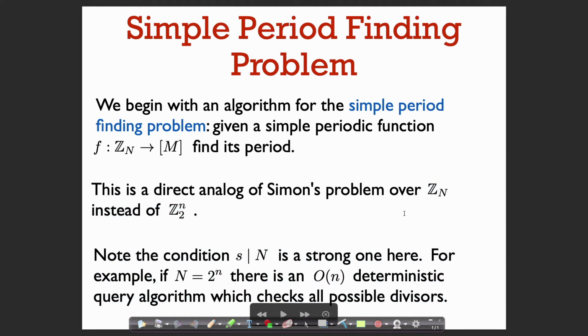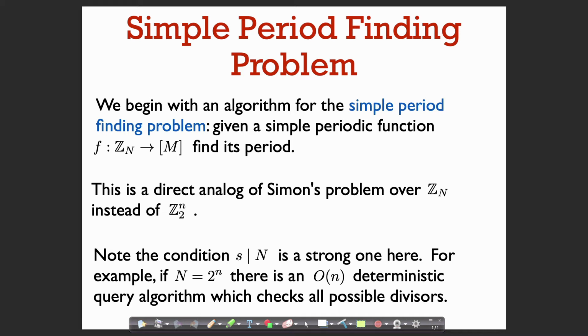Okay, so I just want to point out that the constraint of being a simple periodic function is quite a strong constraint. It does imply this condition that s divides N. So for example, if we're working modulo 2^n, how many divisors are there of 2^n?